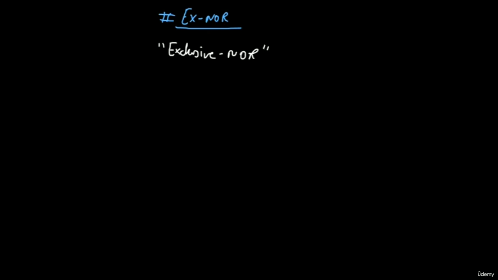So what is its symbol? Its traditional symbol is something like this. We just need to make the thing like this, and this circle is gonna be responsible, as we can see here. This circle is gonna be responsible for our NOT part in exclusive OR.